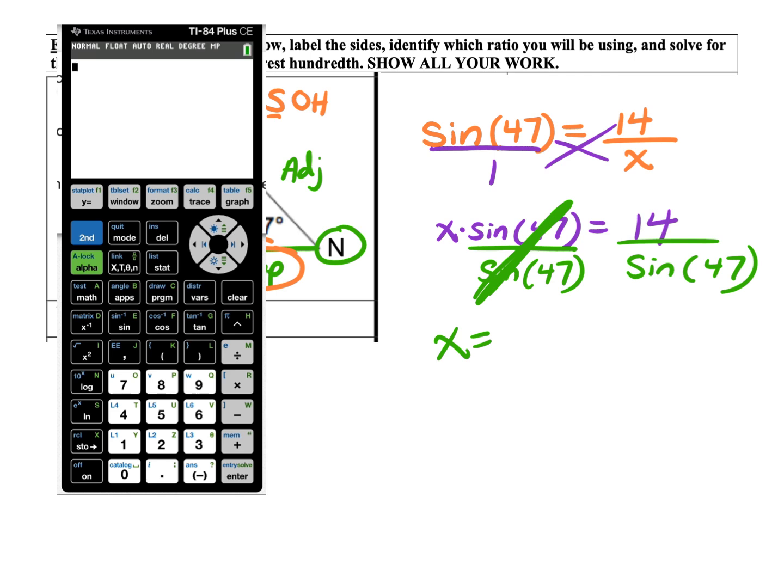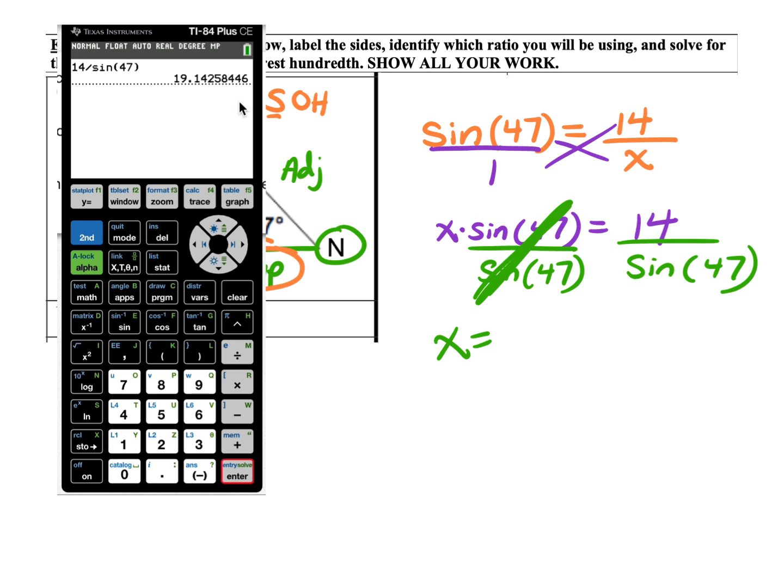Here, I'm going to just go back to my graphing calculator. The buttons work the same exact way on the scientific, so use whichever one you have or the one that you're most comfortable with using online. And we needed to type in 14 divided by, and then it's sine 47 degrees. Be sure you close your parenthesis, hit enter, and there's our answer.